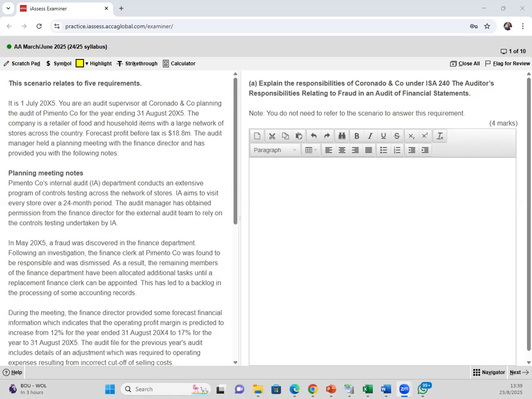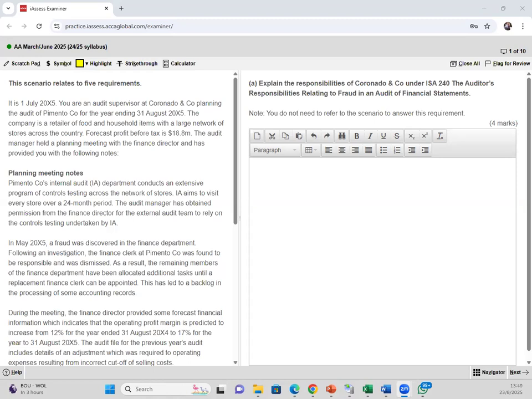So I was saying there are knowledge questions. If it's a knowledge question, you don't need to apply the case. If you read the first question, it's saying, explain the responsibility of Coronado and company under ISA 240, the auditor's responsibilities relating to fraud in an audit of financial statements.